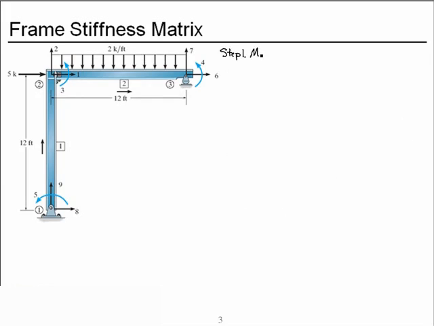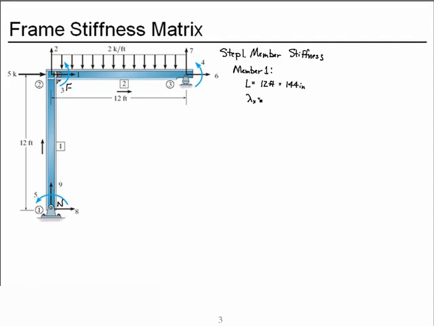We'll start with member stiffnesses. And let's start with member 1. Member 1 has the near node as node 1, and far node is node 2. Its length is 12 feet, which is 144 inches.